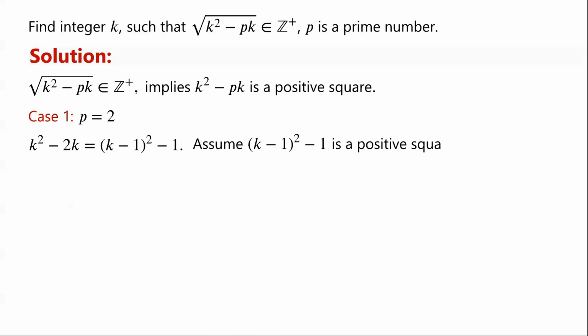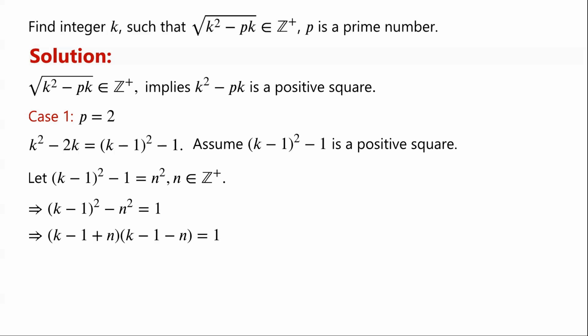Assume (k minus 1) all squared minus 1 is a positive square. We let (k minus 1) all squared minus 1 equal n squared, where n is a positive integer. Rearrange the equation. We have (k minus 1) all squared minus n squared equals 1. (k minus 1) squared minus n squared can be written as (k minus 1 plus n) times (k minus 1 minus n).